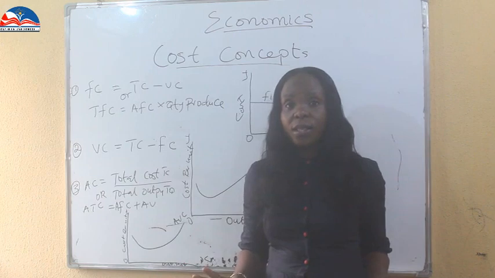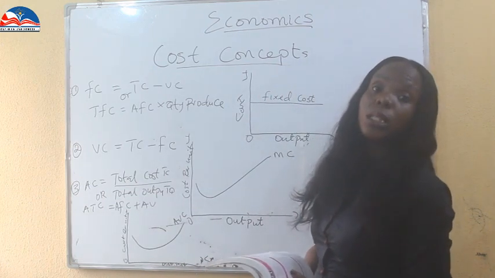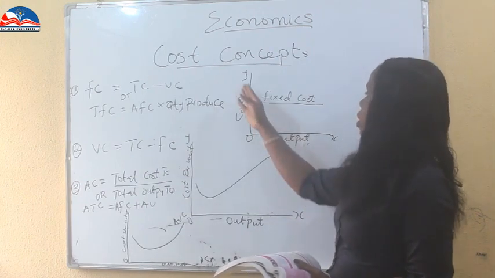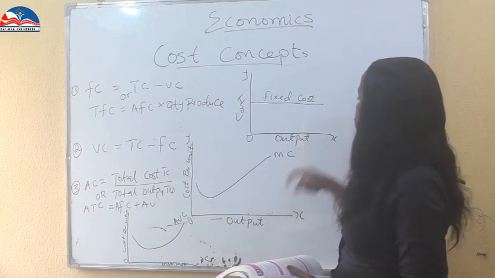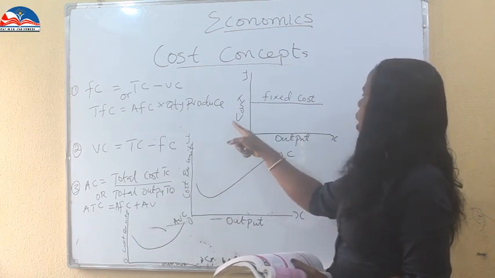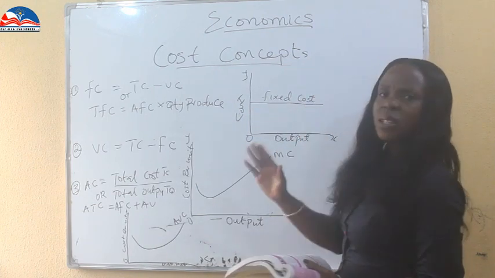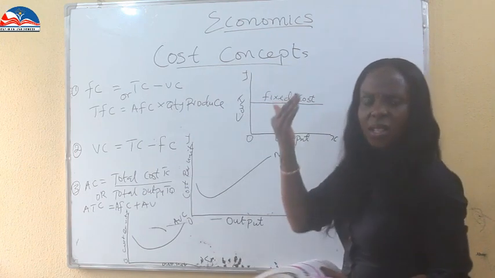Nothing changes it. So the pictorial or graphical representation is this. This is the y-axis, this is the x-axis. This is output, and this is cost. So for fixed cost, you see it's going in a horizontal way because it moves on the same horizontal line. It doesn't change.